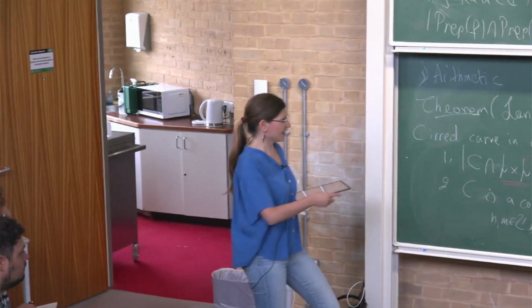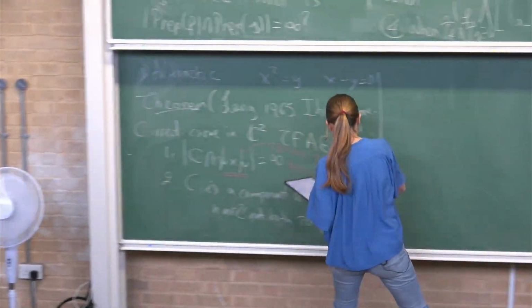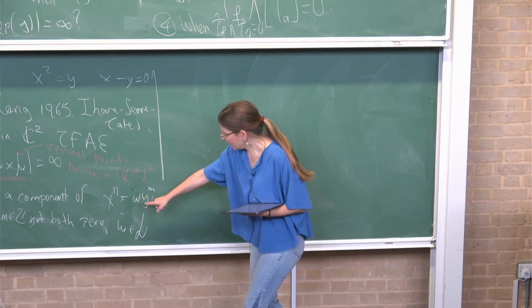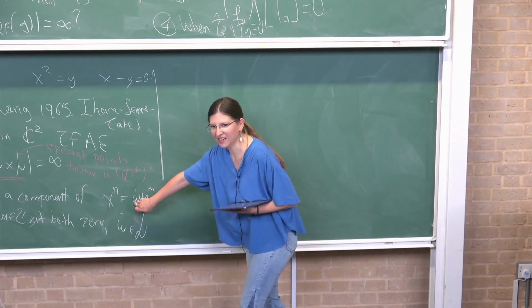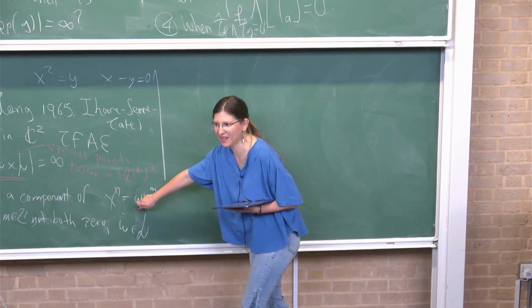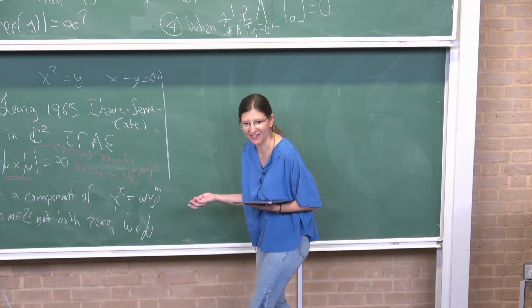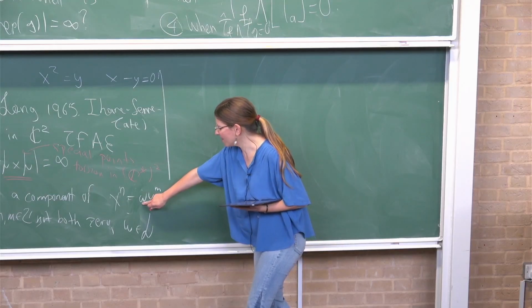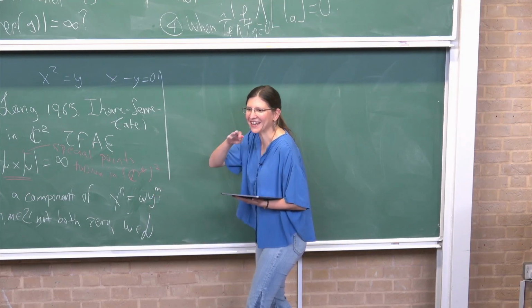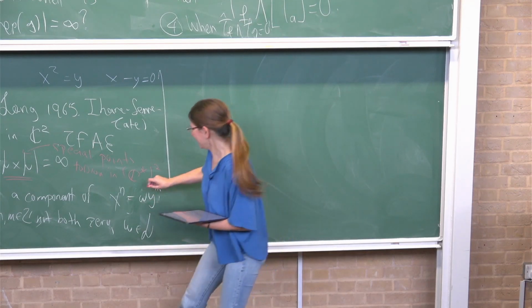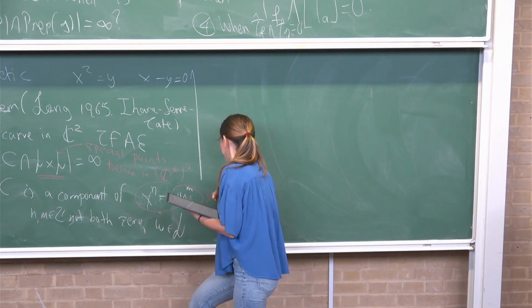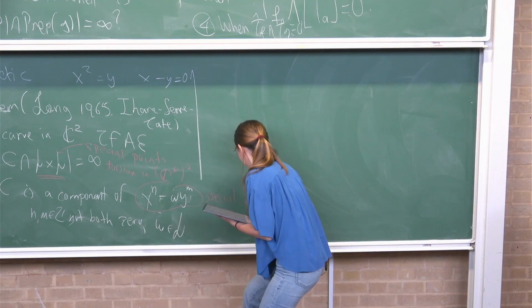And there is also something special about these curves in the conclusion. If there was no omega here, you see that their points form a group themselves. Exercise. Now with the omega, it's just translates of a group. So again, special curves.